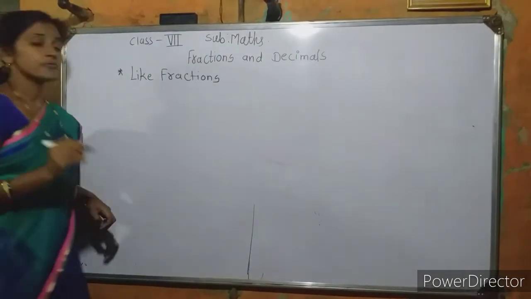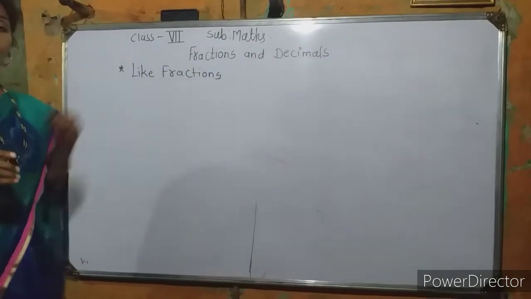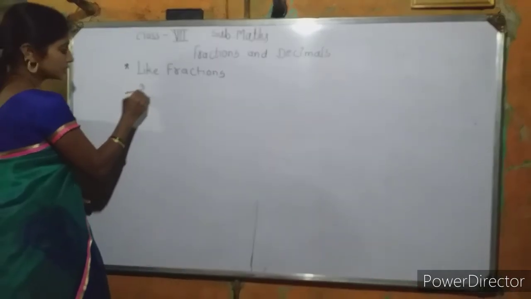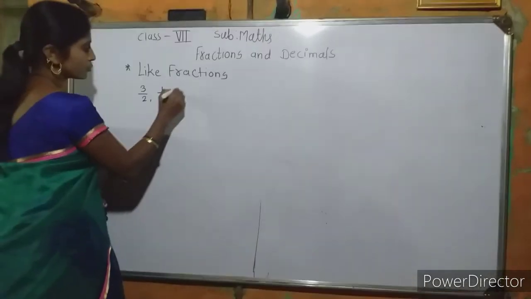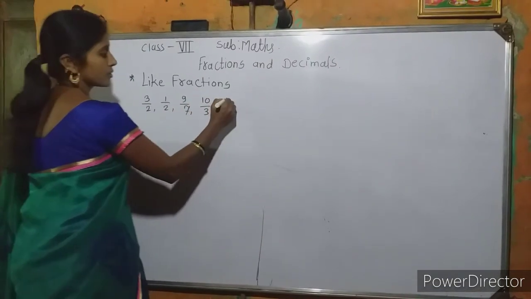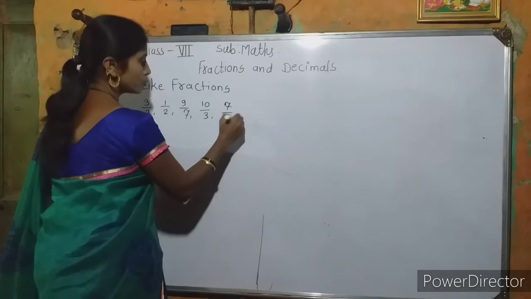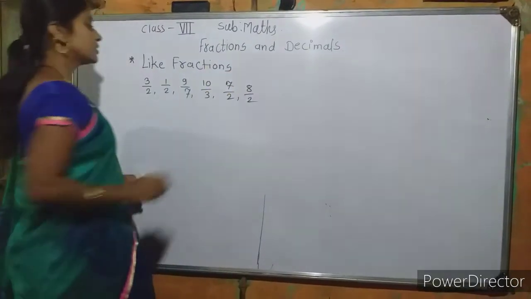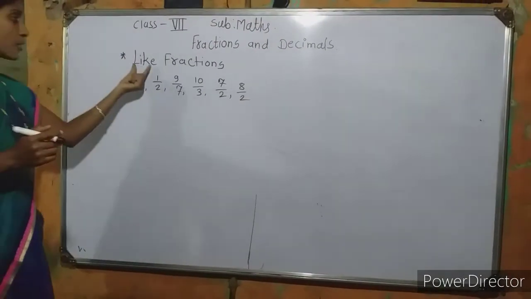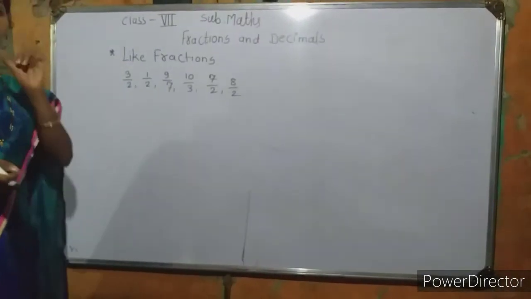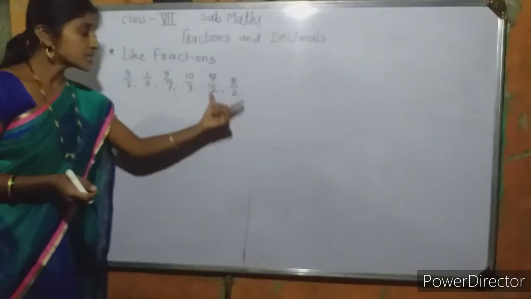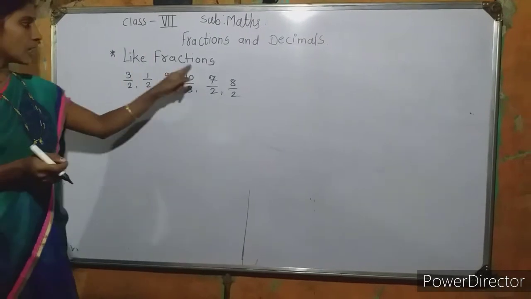First we will start with like fractions. I will write here some fractions. See here, 3 by 2, 1 by 2, 9 by 7, 10 by 3, 7 by 2, 8 by 2. These are some examples of fractions. Now the definition of like fractions is fractions whose denominators are the same.